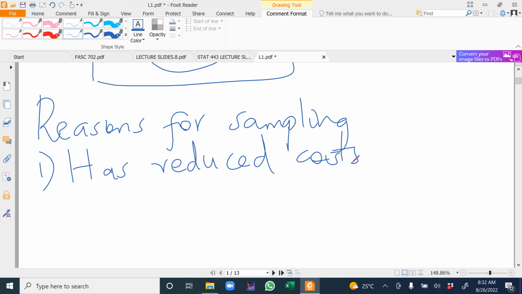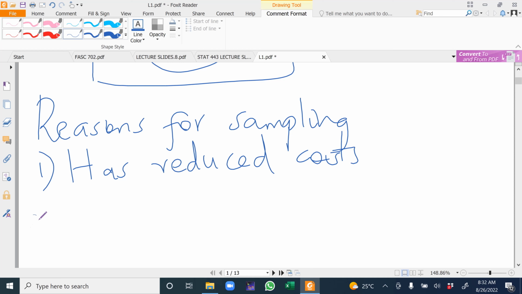So it really helps, especially where you have budget constraints. And remember, the larger the population, the more money you need to be able to collect data from each and every unit in this population. So yes, sampling helps reduce all that hassle.